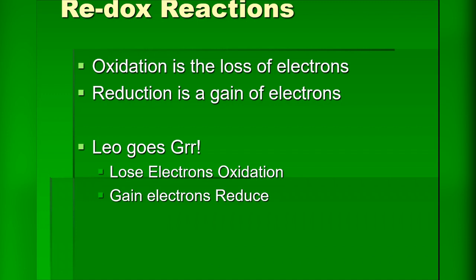An easy way to remember it: LEO goes GER. LEO, loss of electron, oxidation. GER, gain of electron, reduction. Okay? Let's get into details.